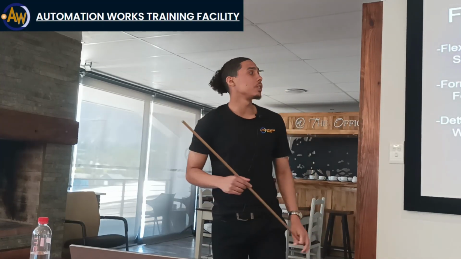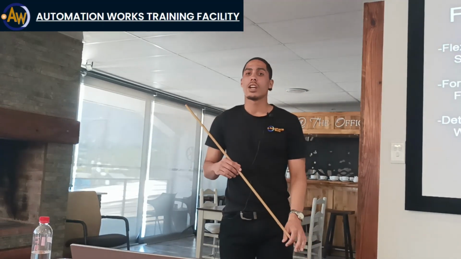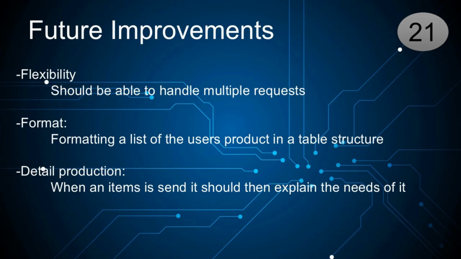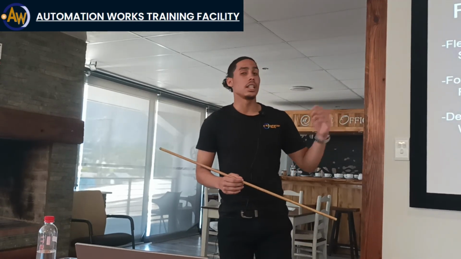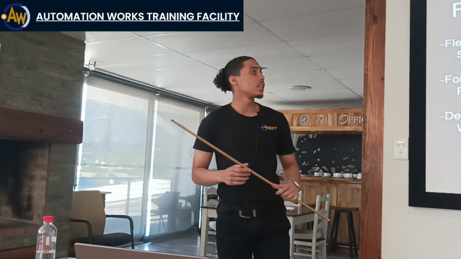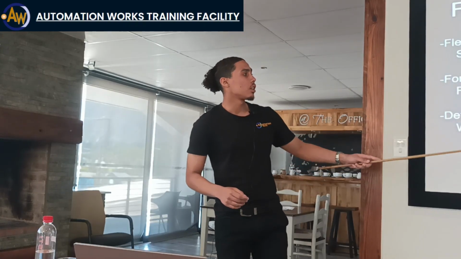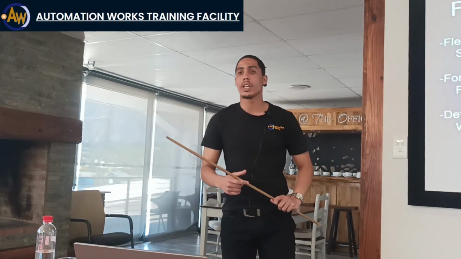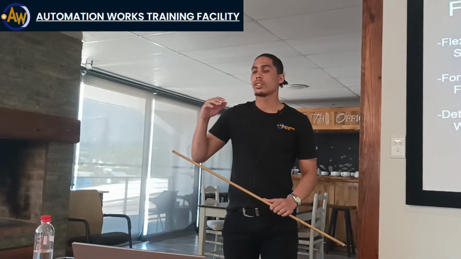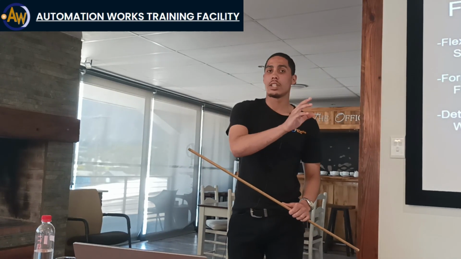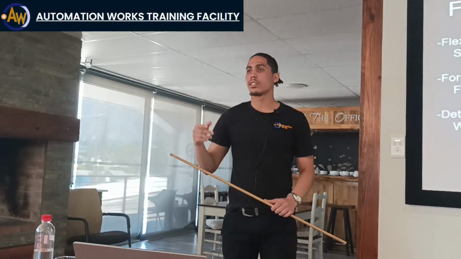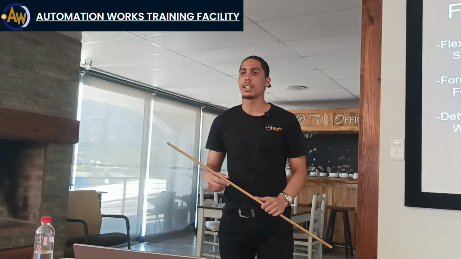For my future improvements, I will add more details and flexibility. At the moment, my application is a prototype, so it will only collect one item at a time. With details, I want to add that you would send the material that you need to the manager or your lecturer with a message saying why you need this material.